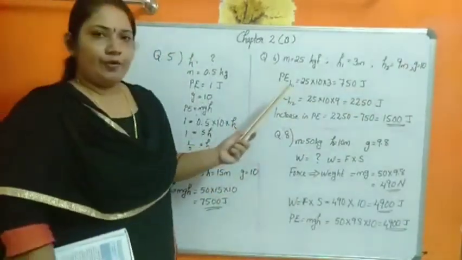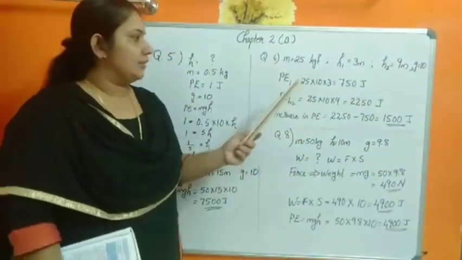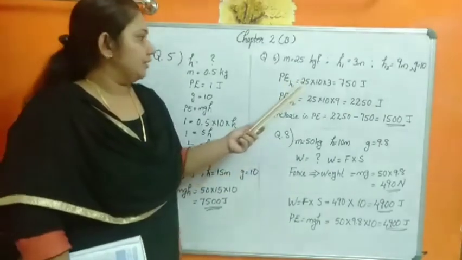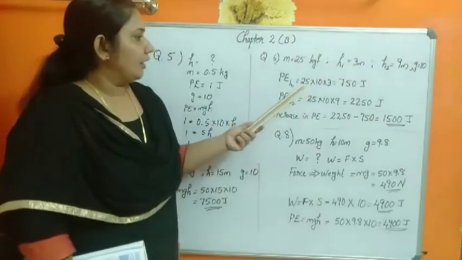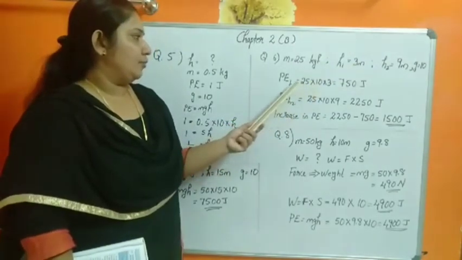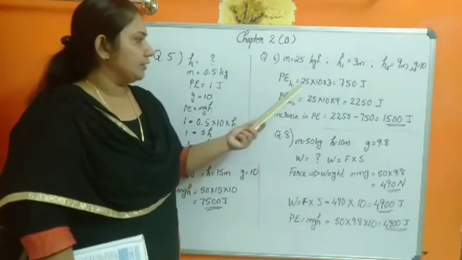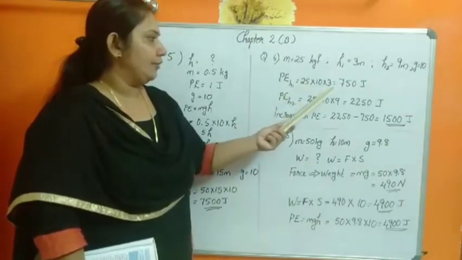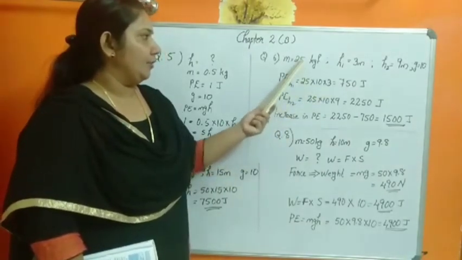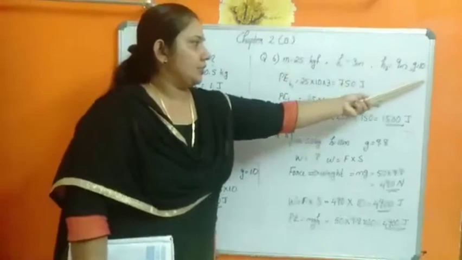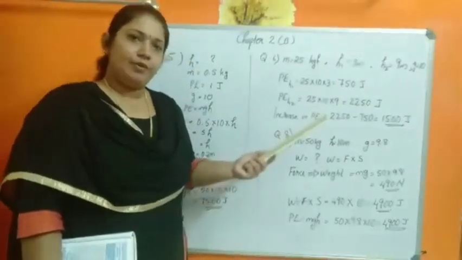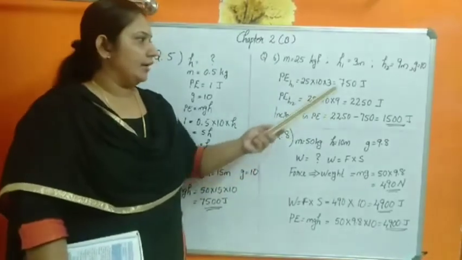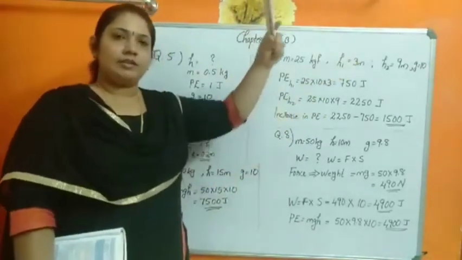So first we have to find the potential energy when he is at the first floor, at a height 3 meter. Potential energy at the first height is mgh, mass into gravity into height. 25 into 10 into 3, you will get 750 joules. The same way we have to calculate for the second height when the boy reaches the third floor.